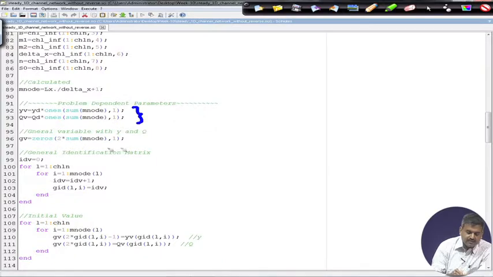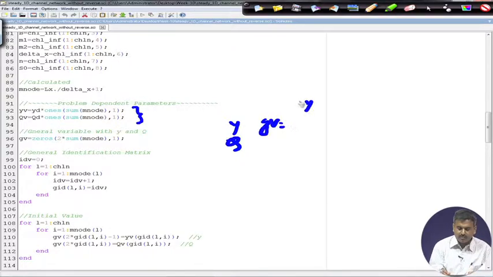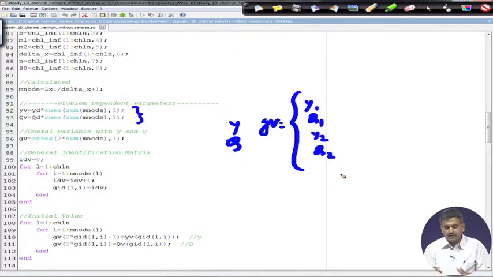GV is the general variable, so in this one we will have both Y and Q. The structure of GV is Y1, Q1, Y2, Q2 like that. So, this is the general structure.